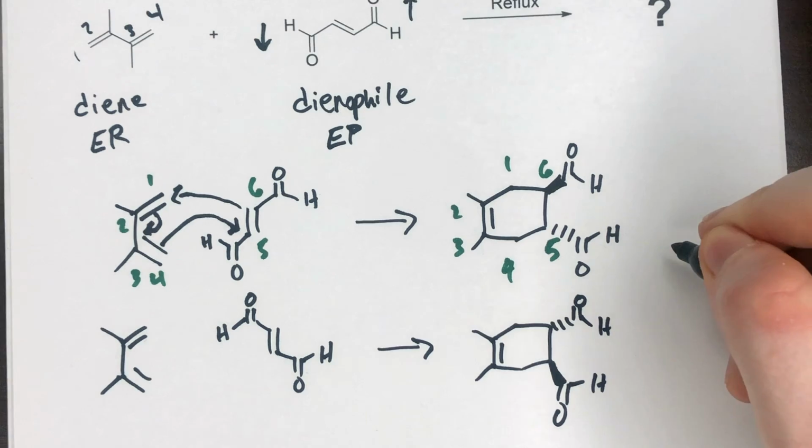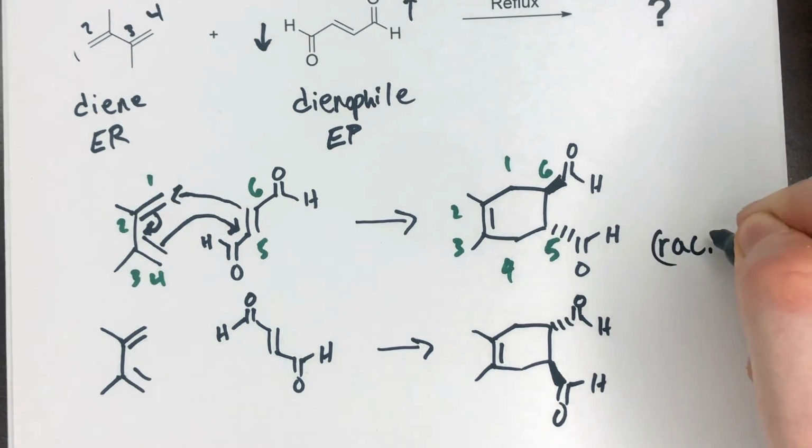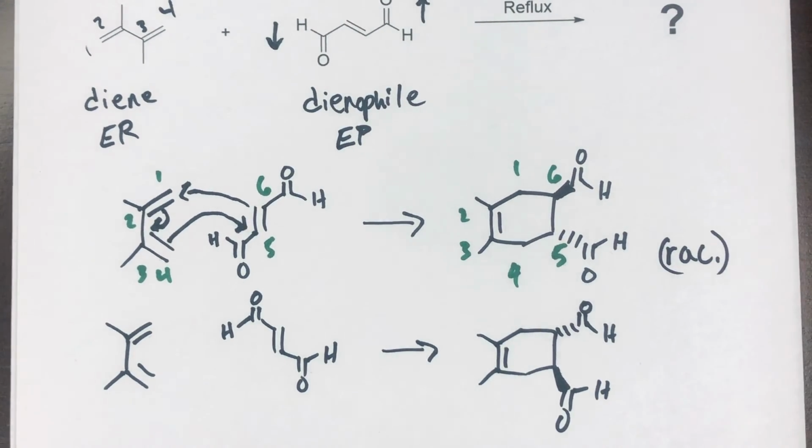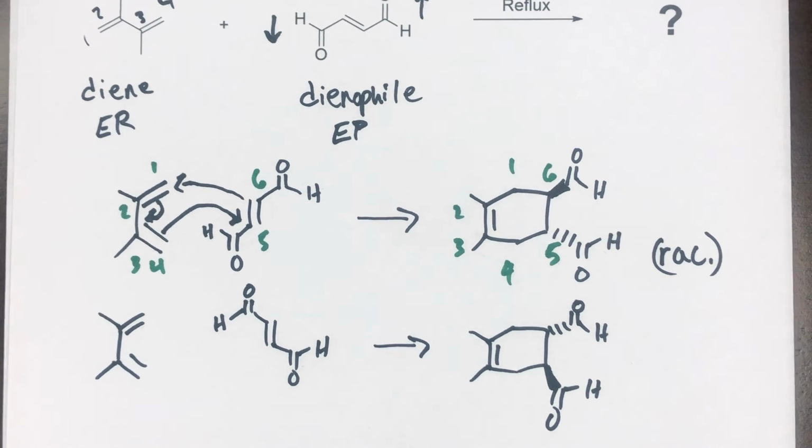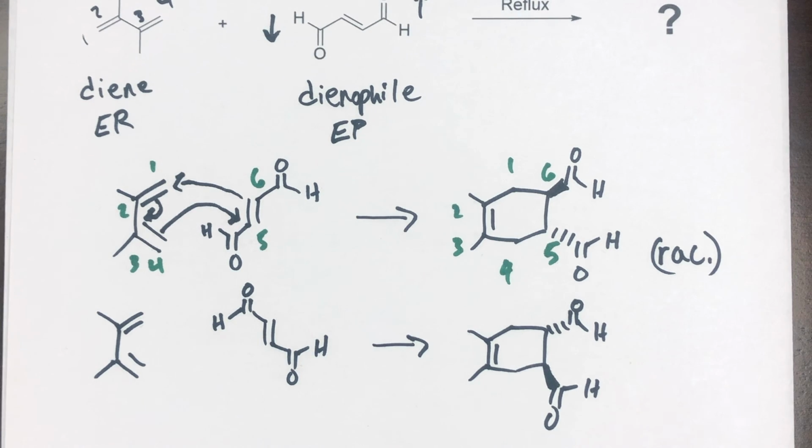So actually what you're getting here is a racemic mixture of both of these, a 50-50 mixture of these two products, because there's no preference on the dienophile's approach. So because of that, you'll get 50-50 mixtures of either approach, which then gives you the racemic mixture, and this would be your product. It's very important to include racemic because if you didn't, you would assume that there's a difference in the approach, like the stability of that approach. So keep this in mind.